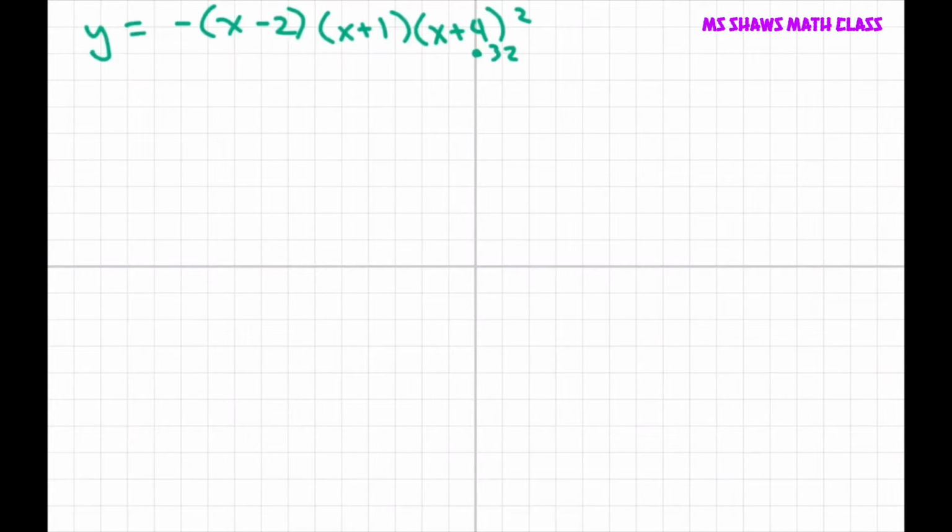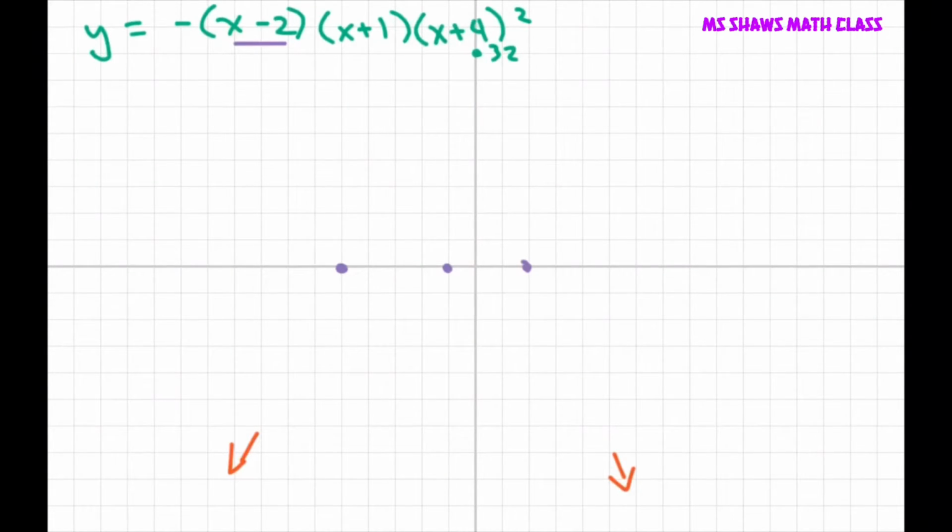It's just not going to be drawn to scale very well. We have x-intercepts at 2, negative 1, and negative 4. The main thing you need to remember is we're going to be starting in quadrant 3, ending in quadrant 4. That was our end behavior.